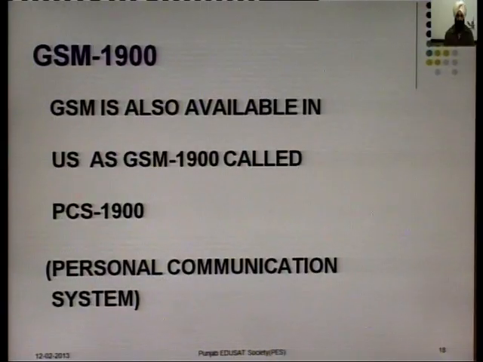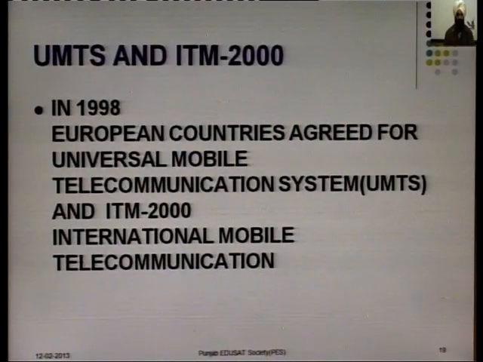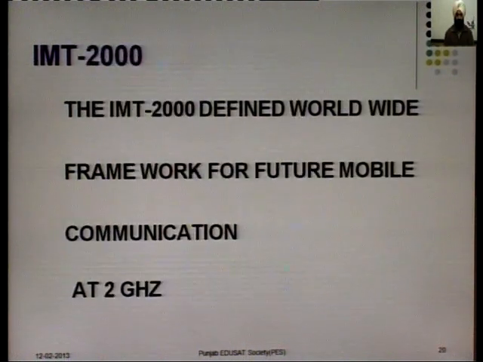It is also called PCS 1900, that is personal communication system. Then UMTS and IMT 2000. In 1998, European countries agreed for universal mobile telecommunication systems and international mobile telecommunication. The IMT 2000 defined worldwide framework for future mobile communication at 2 gigahertz.